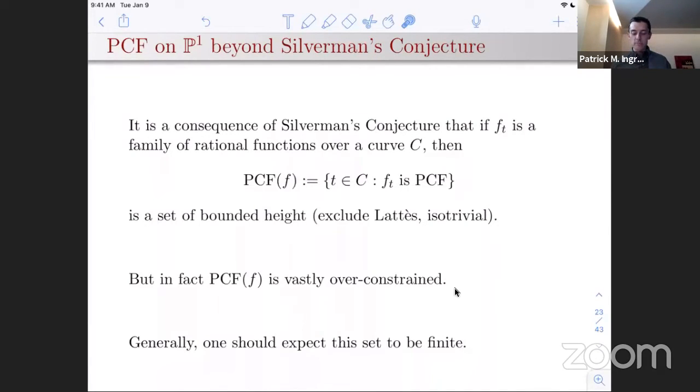So the PCF points in a one parameter family like this are vastly over constrained. The unlikely intersections philosophy, that there shouldn't be infinitely many of these things unless there has to be, tells you that you should expect, for typical one parameter families, and I'm being intentionally vague here, this set to be finite.